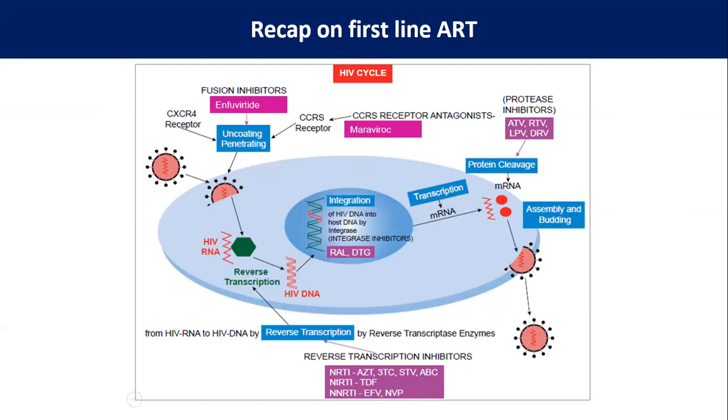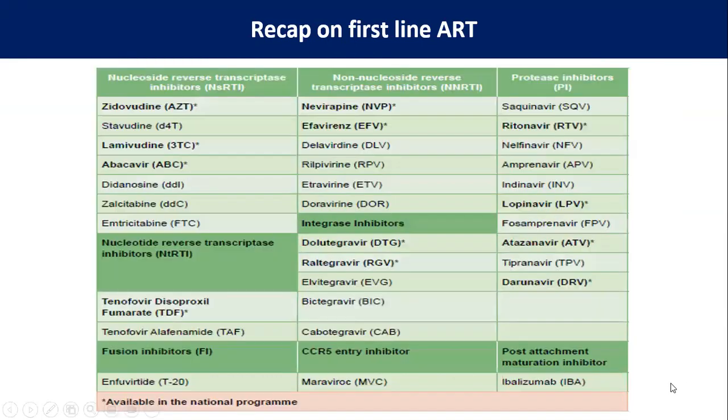Let us now go to the same drug classes that are available under the national program in a tabular form. Under the nucleoside reverse transcriptase inhibitors, we have zidovudine, lamivudine, abacavir, as we said earlier. Then the NtRTIs are TAF and TDF.